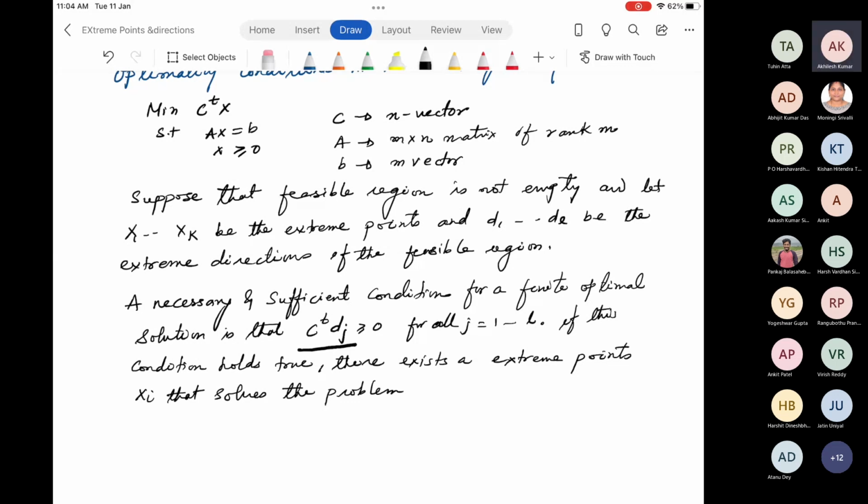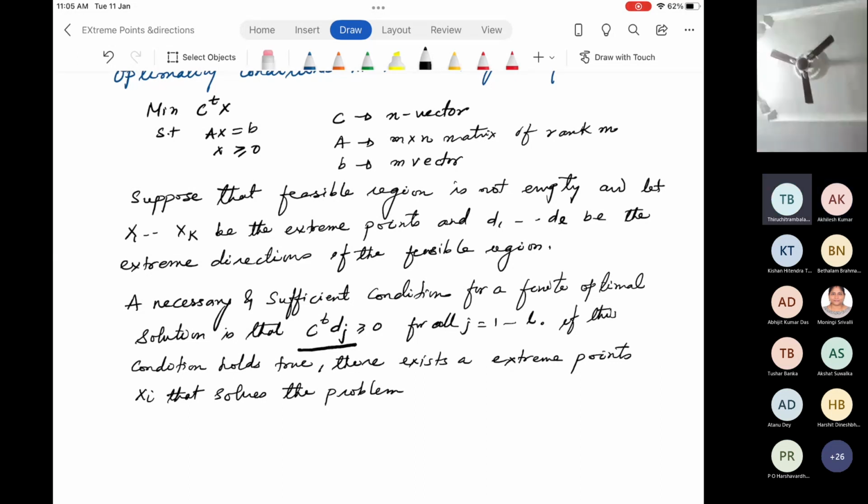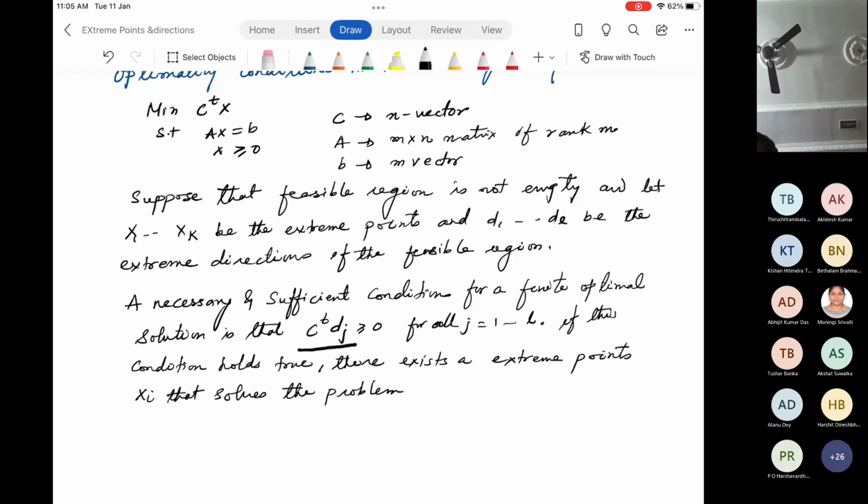What is the maximum number of corner points possible for linear programming? NCM. How do we get that NCM? Number of variables and number of constraints. By the number of variables and the number of constraints, the combination of it gives the extreme number.